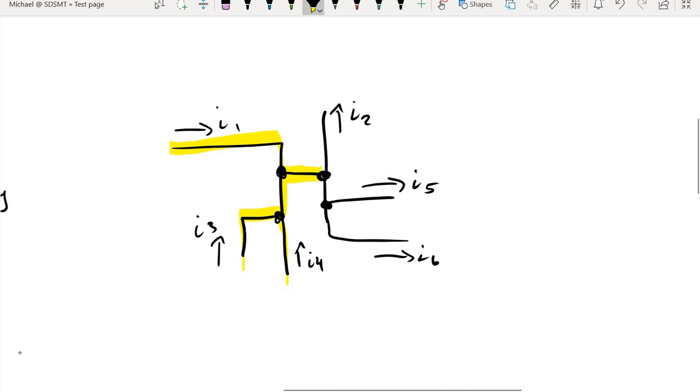But then there's going to be a split. We've got some current 2 leaving there. Whatever doesn't leave through current 2 has a choice of leaving through current 5 or current 6. So here's what we can do.